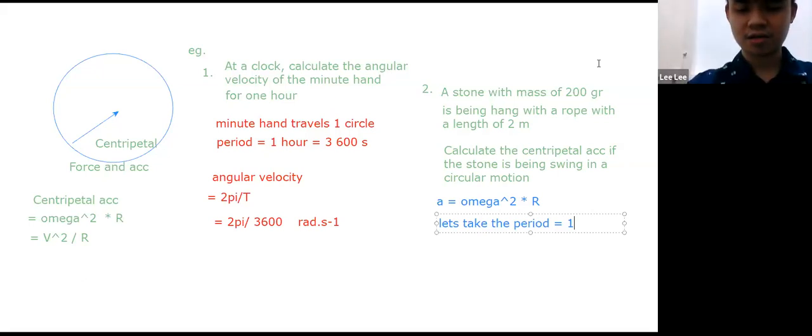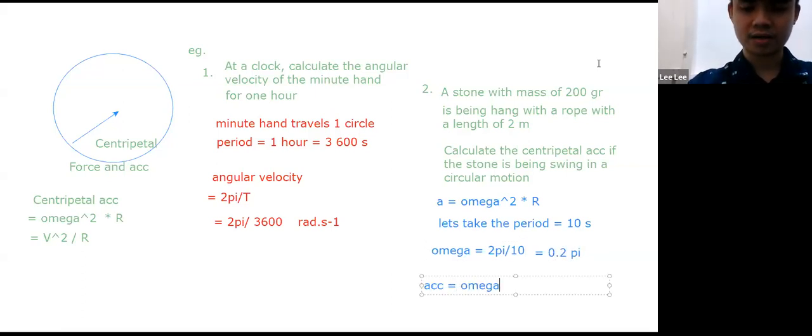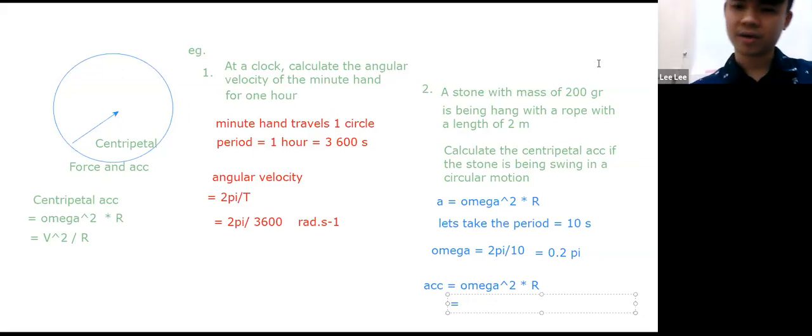So we find omega: omega is 2 pi over T. T is 10, so it becomes 0.2 pi. Now the acceleration equals omega squared times r, so (0.2 pi) squared times r. The r is 2, so it's 0.79 meter second negative 2. Any questions until here?